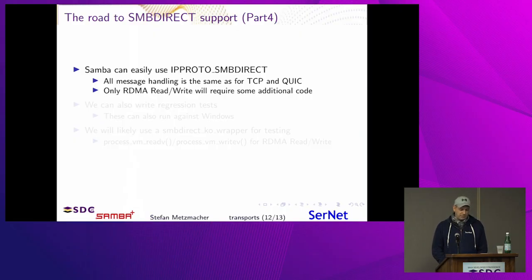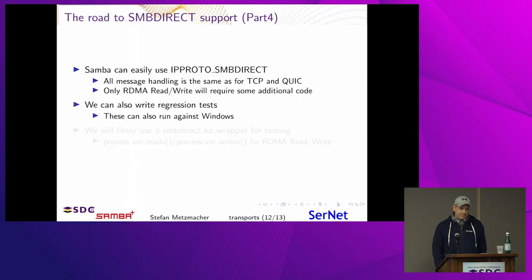The only thing that requires some more code would be the RDMA read and write offload, but that's also not too much. As I already have a prototype using my old SMB-KO module, it should be very easy to do.